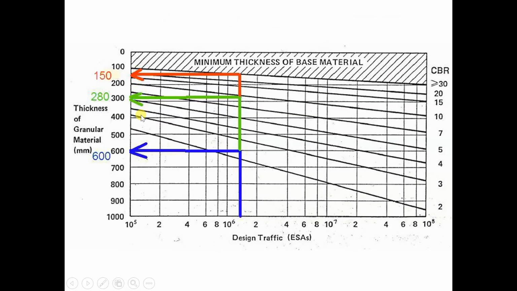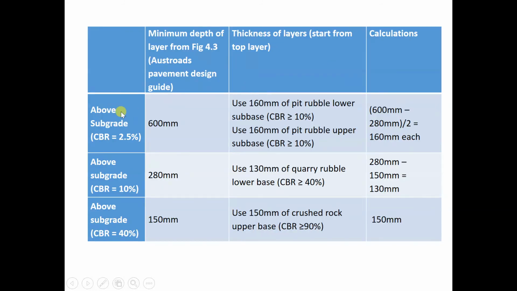I'll follow. So the blue line is 2.5%, and that means that we got 600 thickness of the thin asphalt. This one is thin asphalt or the chip seal. So 600 above subgrade of 2.5%.